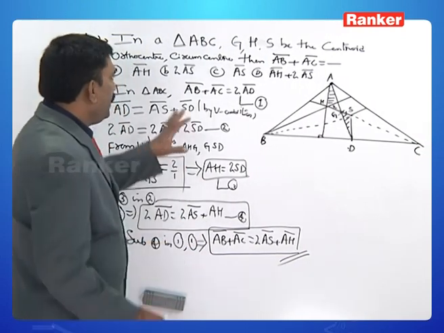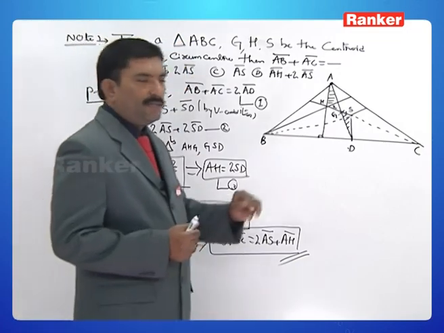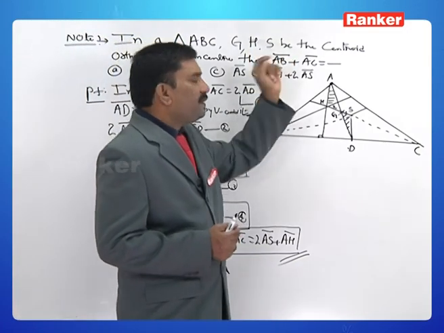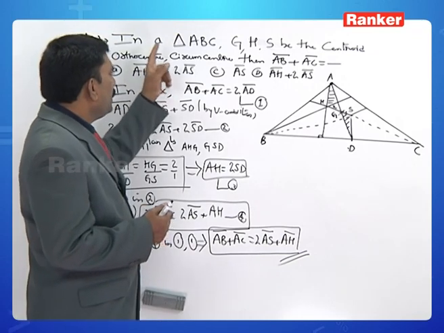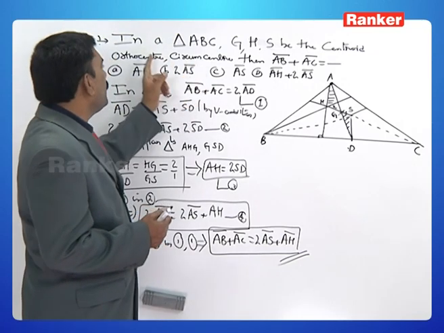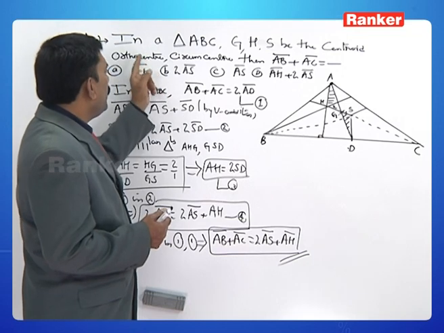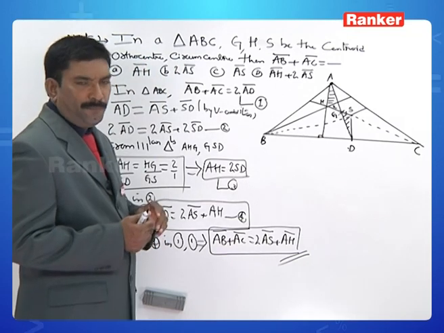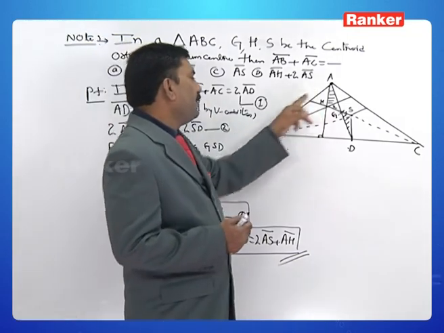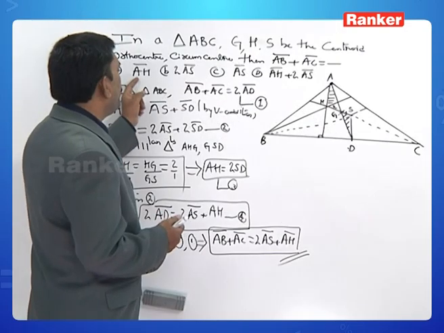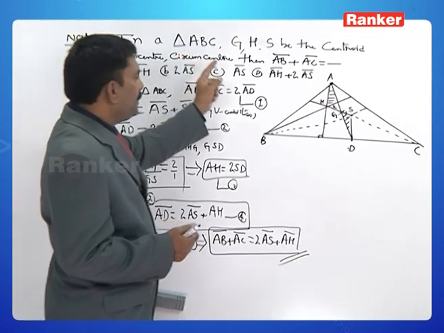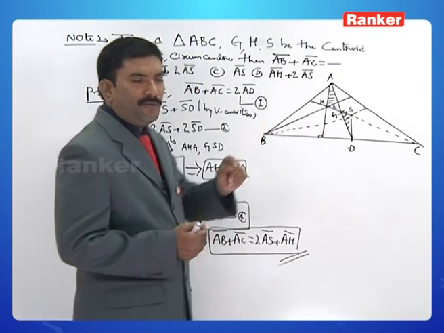Once again, in a triangle ABC, G, H, S be the centroid, orthocenter, circumcenter. We have to show that the sum of these two sides is equal to dash. AH bar plus 2 into AS bar.